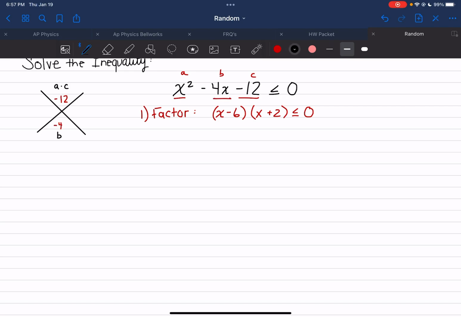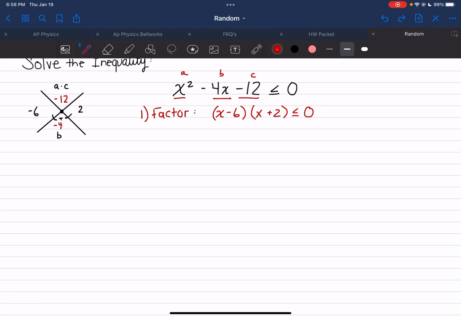So what needs to happen is that two numbers need to multiply to negative 12 and add to negative 4. So what two numbers could that be? It has to be negative 6 and 2, because negative 6 times 2 is negative 12, and negative 6 plus 2 is negative 4. So the factoring is done.